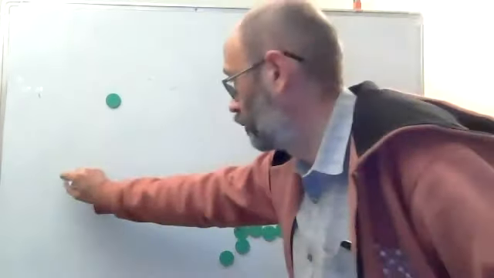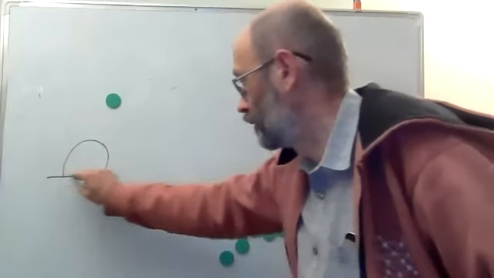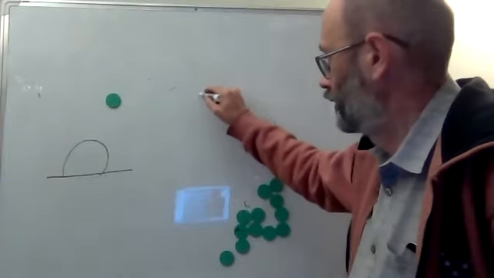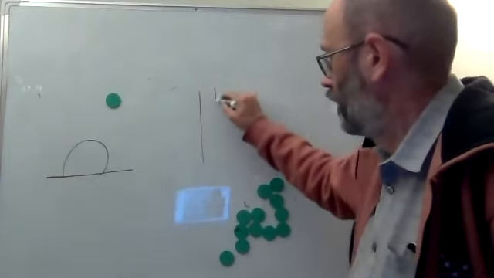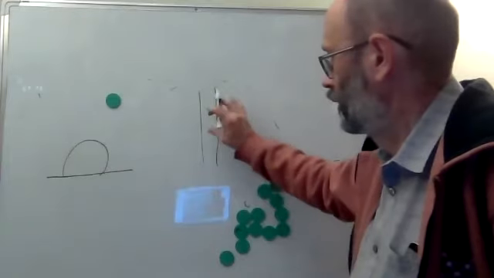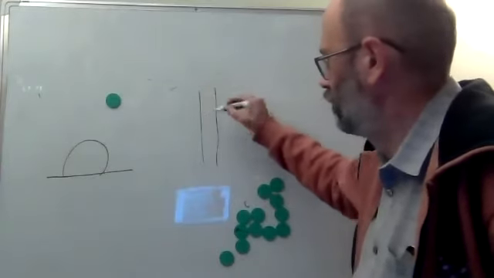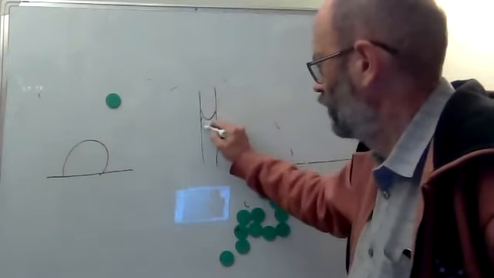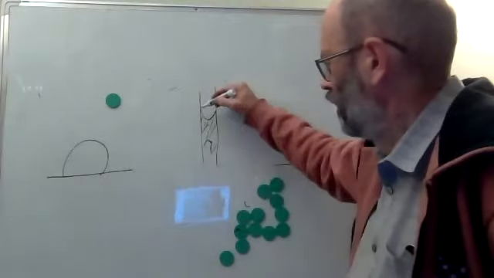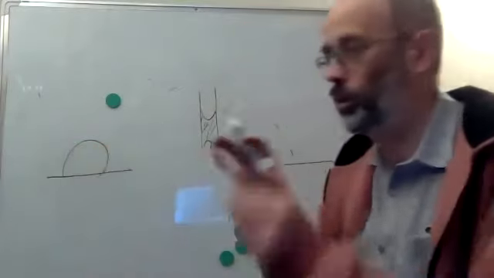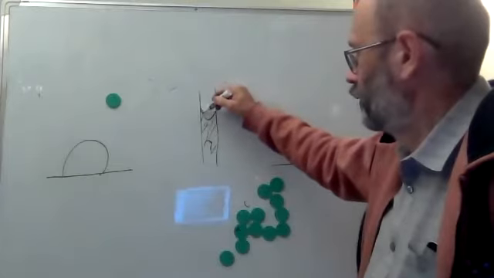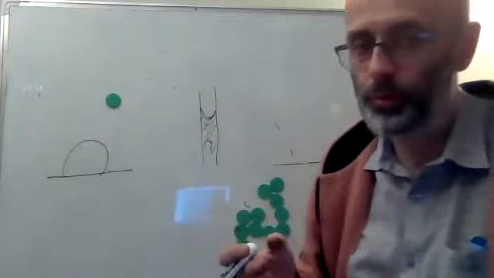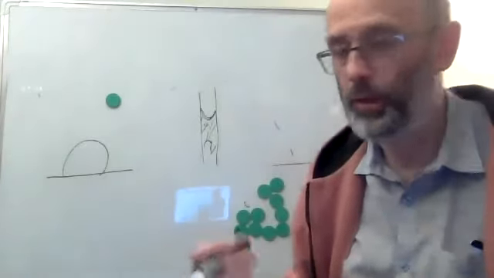The liquid may form a droplet like this, or when the liquid fills a capillary, a thin tube, the shape of the surface is like this. So this surface is convex, this surface is concave, and the curvature of the surface may vary in wide limits.